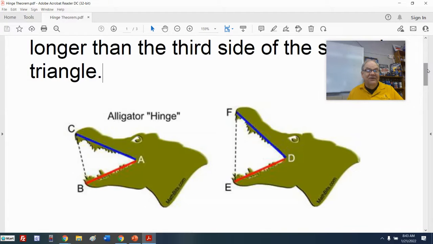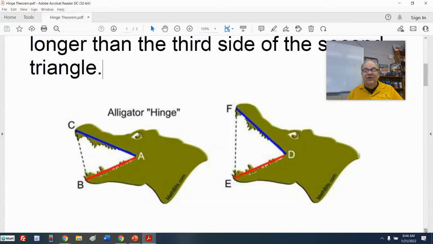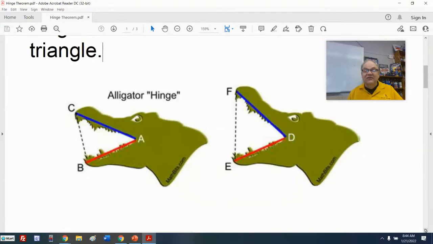That's really all it's saying. We've got these two triangles where we've got sides that are the same, but one angle's bigger than the other. Well, the side across from it has to be bigger too. It's kind of like that side angle theorem, but it involves two triangles instead of one.